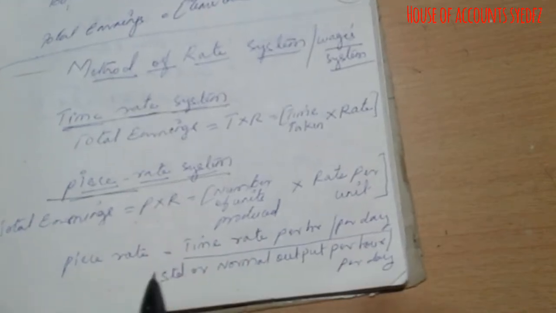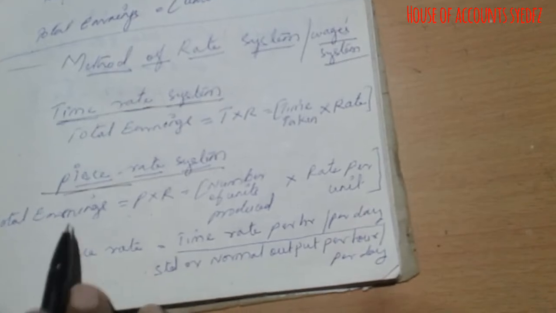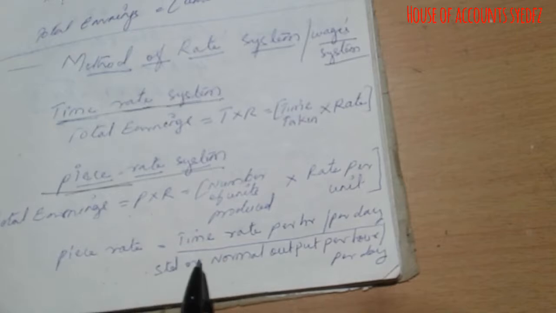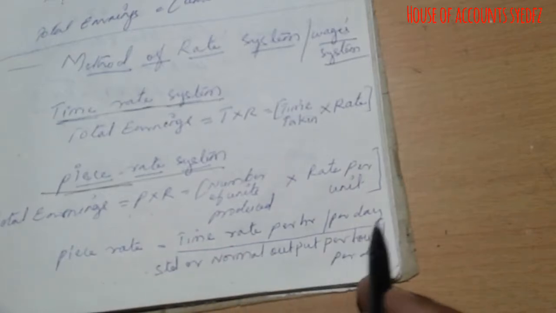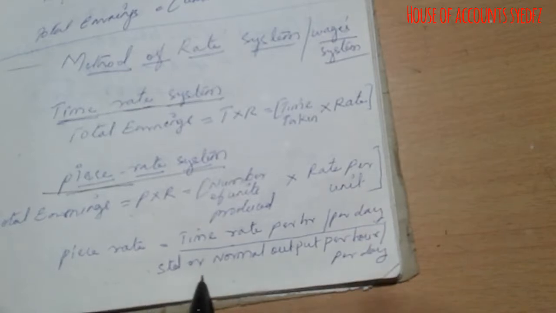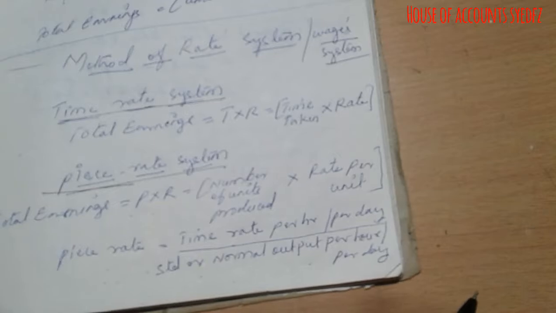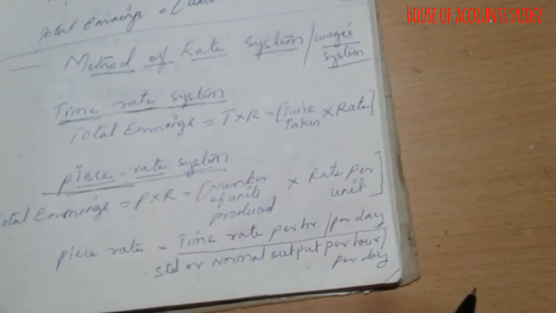Another formula is how the piece rate is calculated: piece rate equals time rate per hour or per day divided by standard or normal output per hour or per day. These are the methods.